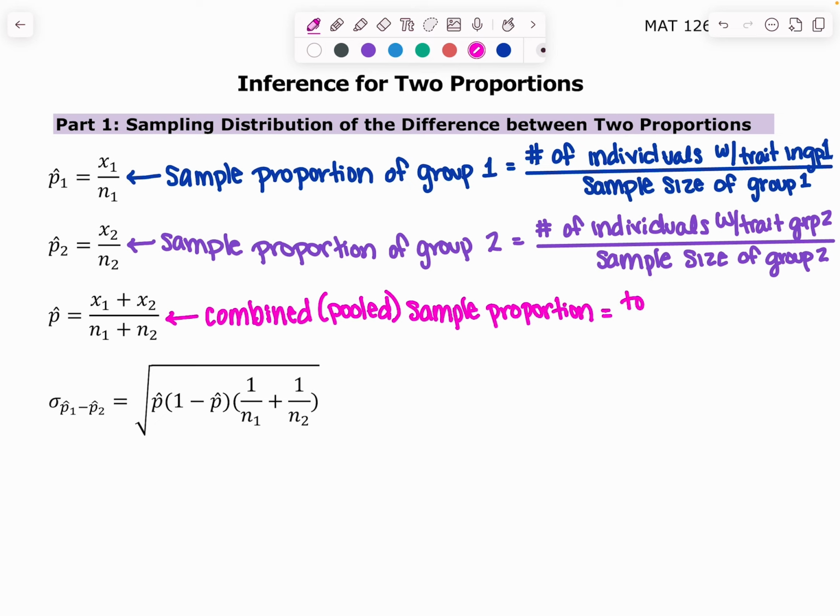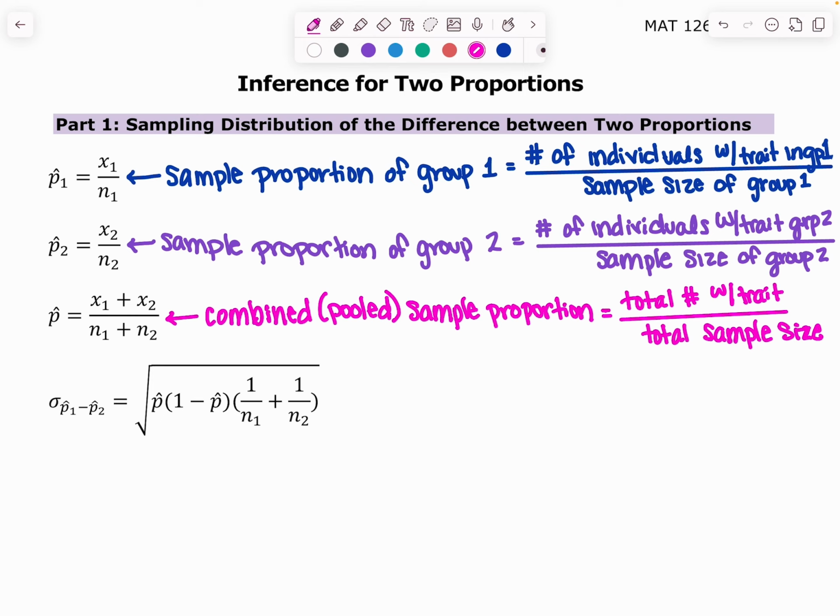And it is the total number with the trait from both groups divided by the total sample size. So notice how it's x1 plus x2, looking at both groups, individuals with the trait, and then n1 plus n2, the total sample size.